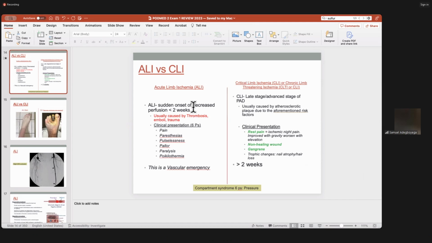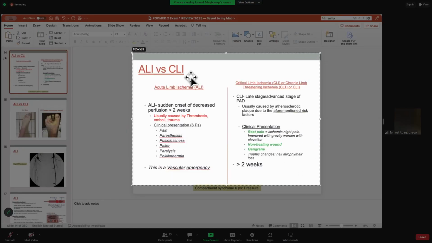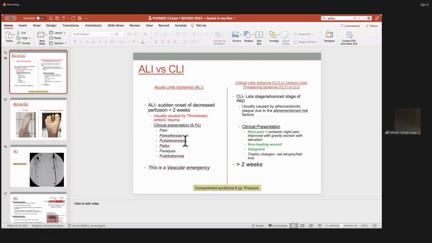Okay. Anyway, acute and chronic ischemia. You know that already, but the most important thing with acute ischemia on board exams is looking for any sudden onset of pain. These people will have pain that happens within hours or days, but less than 2 weeks, whereas chronic ischemia is more than 2 weeks. You need to know the 6 P's.